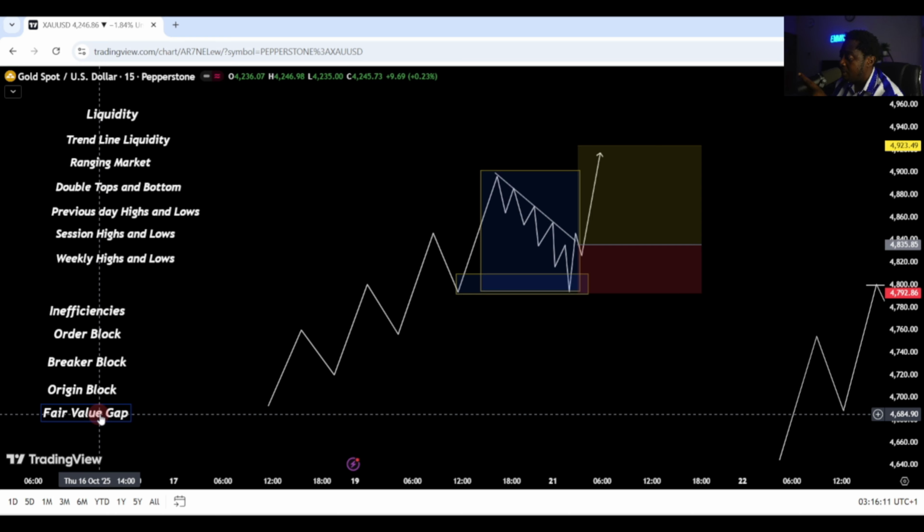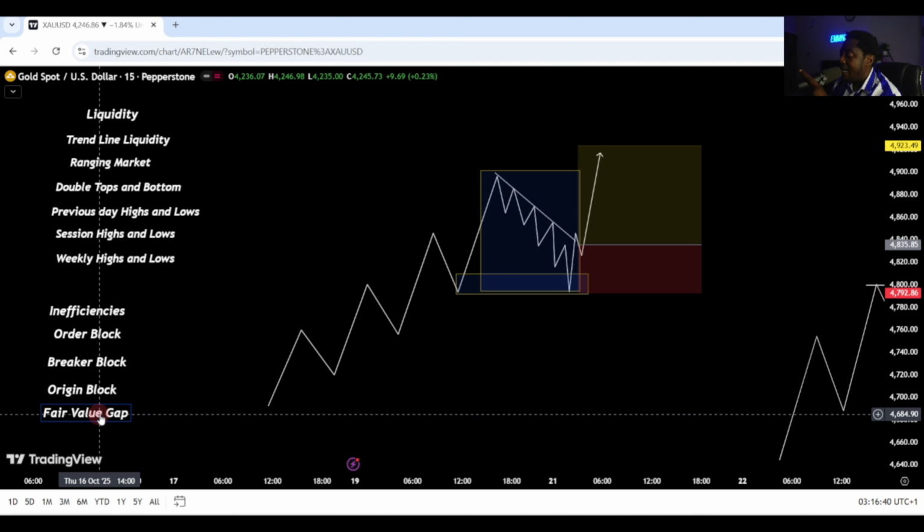So what I'm talking about is the single liquidation. Every London session, there are 2 things that are bound to happen. We either have a single liquidation, which is where the London session takes either the Asia high or the low. If that doesn't happen, then we have a double liquidation, which means it will take the low and take the high, or take the high first before taking the low.